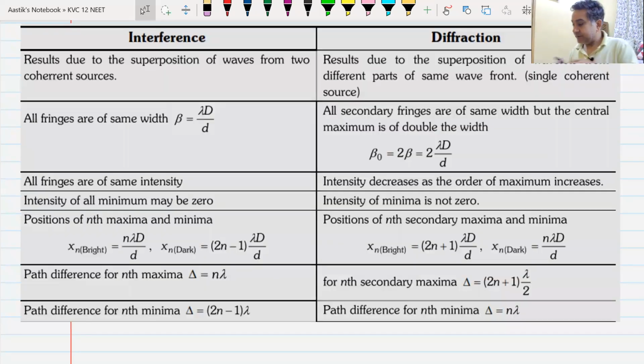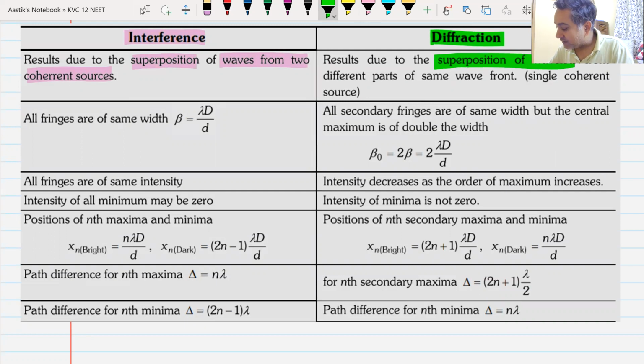Interference results from the superposition of waves coming from two sources. There were two sources. Here, it is the superposition of wavelets coming from the same wavefront, only one wave.